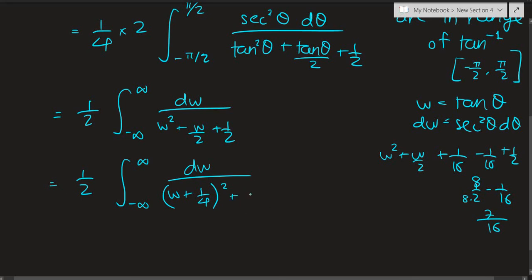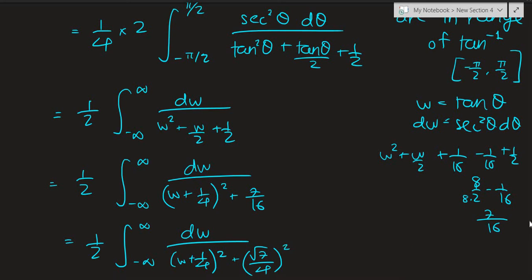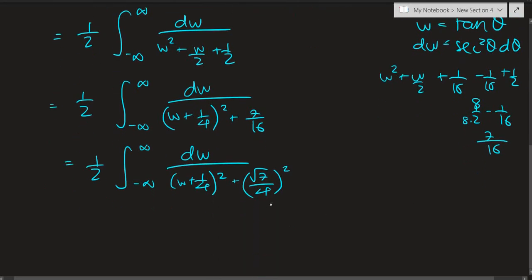So we just have a 7 by 16, which for our formula and our convenience, we can write as dw over w plus 1/4 squared plus root 7 by 4, the whole thing squared, because root 7 squared is 7 and 4 squared is 16. So we have that.